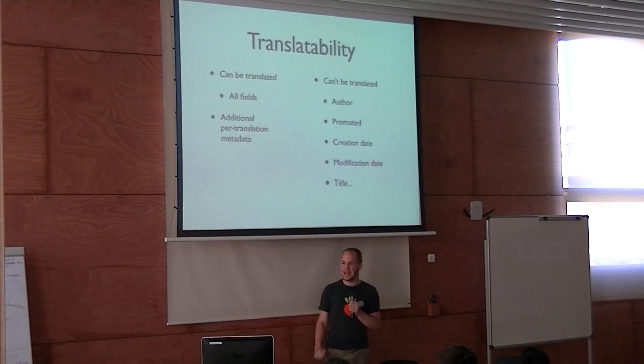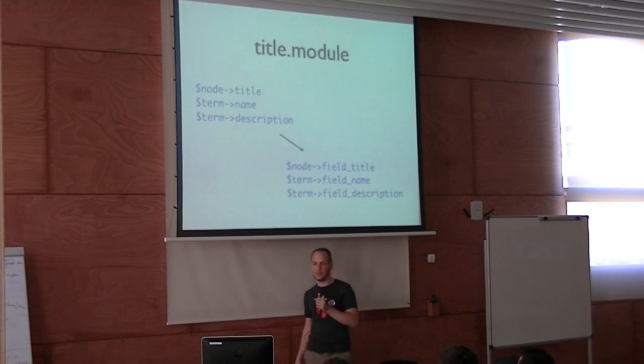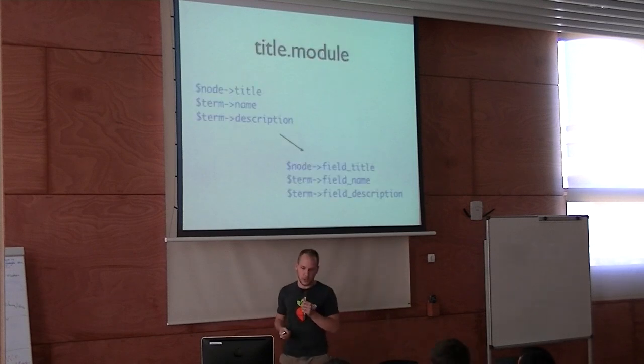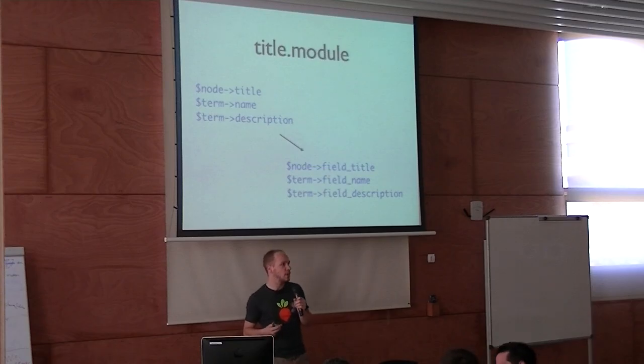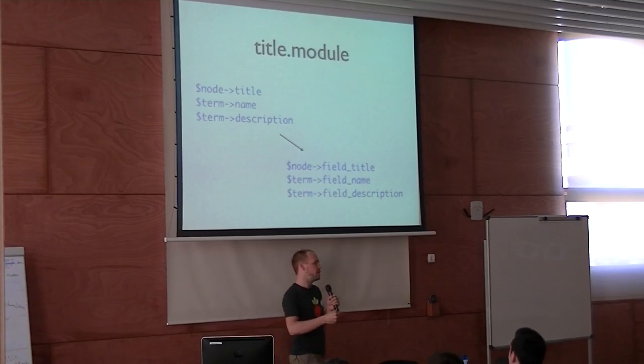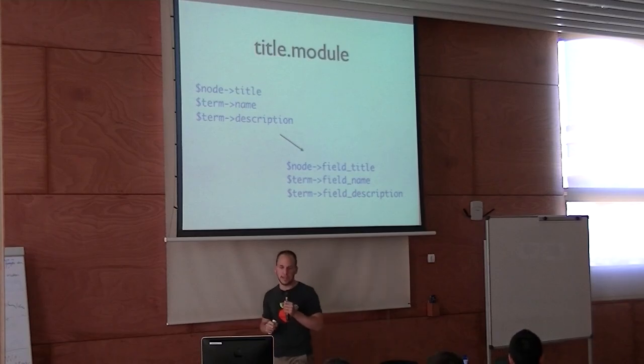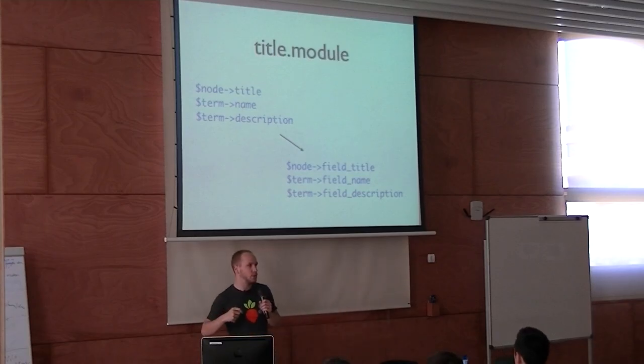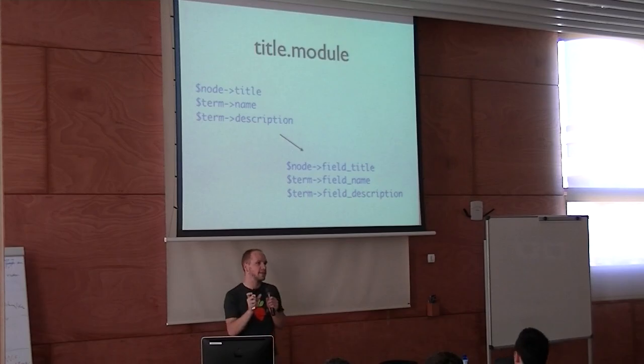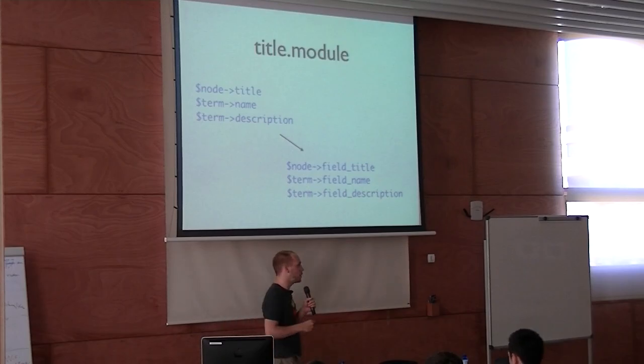And just for this use case, there is the title module. The title module adds a new field called field title that replaces automatically the title of a node. It works transparently: when you save a node, it will replace the title, and when you load the node, it will load the correct title for the language that you are loading the node.